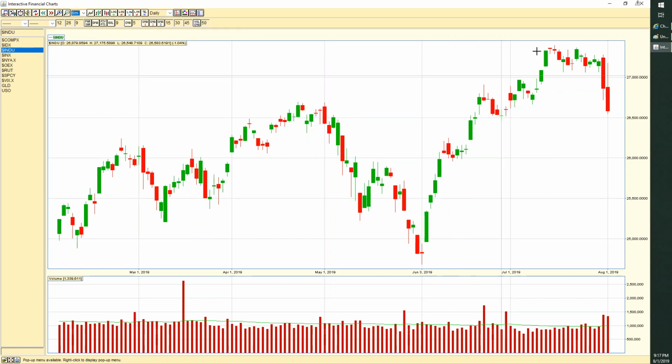So as you can see here, the industrials, ever since the Federal Reserve announced that it wasn't going to do as many rate hikes as the market would have liked, has been selling off.